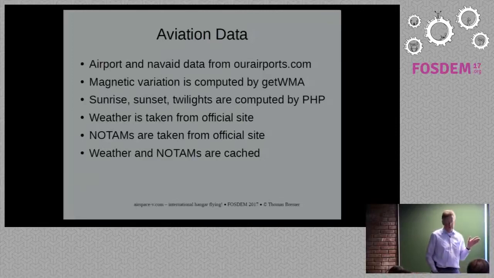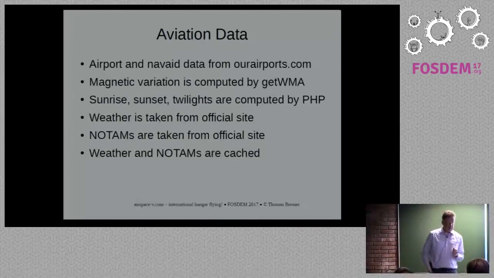This is a JavaScript program published by NOAA to compute the strength and orientation of the magnetic field at any place on Earth. Then sunrise and sunset data, or also the twilight times.